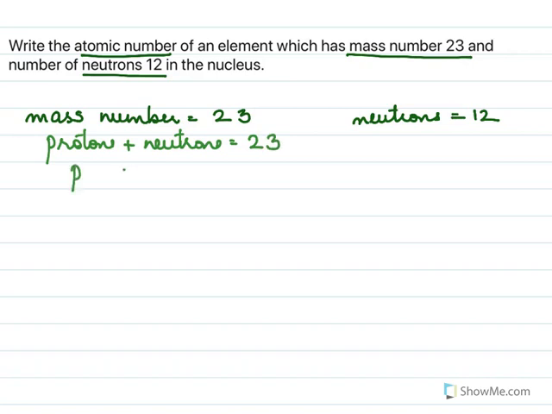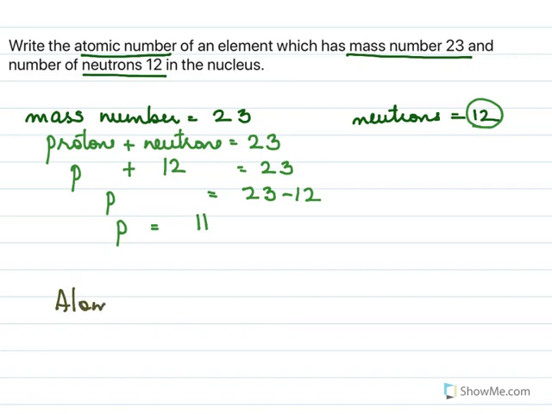So protons is P, the neutrons we know is given as 12 here. So this is 23. So protons will be 23 minus 12 and protons will be 11. So they asked us find the atomic number. Now atomic number is number of protons, which is equal to 11. So atomic number is 11.